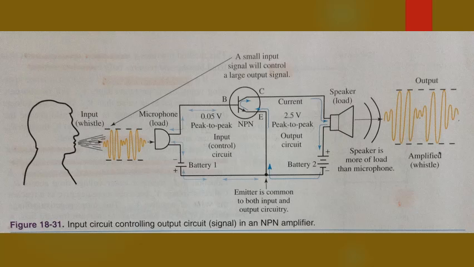Recalling Ohm's law, if the input and output currents are about the same and the resistance or load or impedance is 50 times greater in the output than in the input, then the output voltage will be 50 times as great as the input voltage. This process is signal amplification.